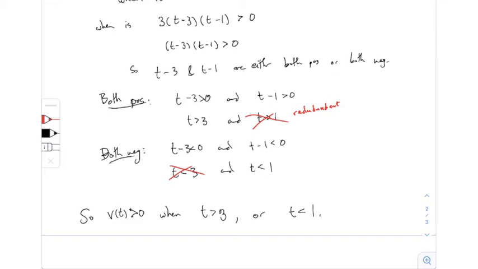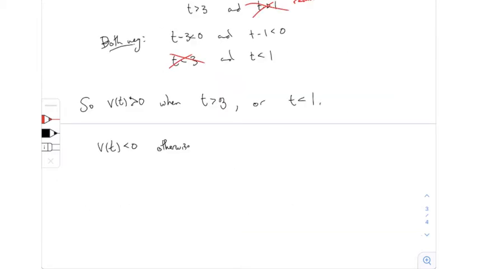When is it negative? It's negative all the other times. You could go through all the same steps to derive when v of t is negative. Would you believe me if I just tell you? v of t is less than 0 otherwise. That is to say, when t is between 1 and 3.